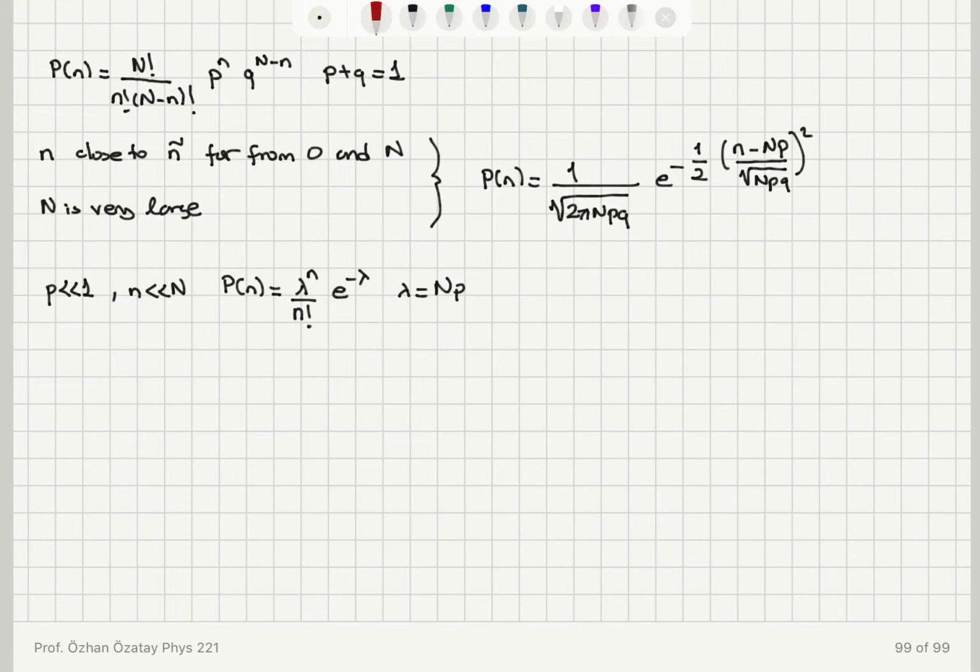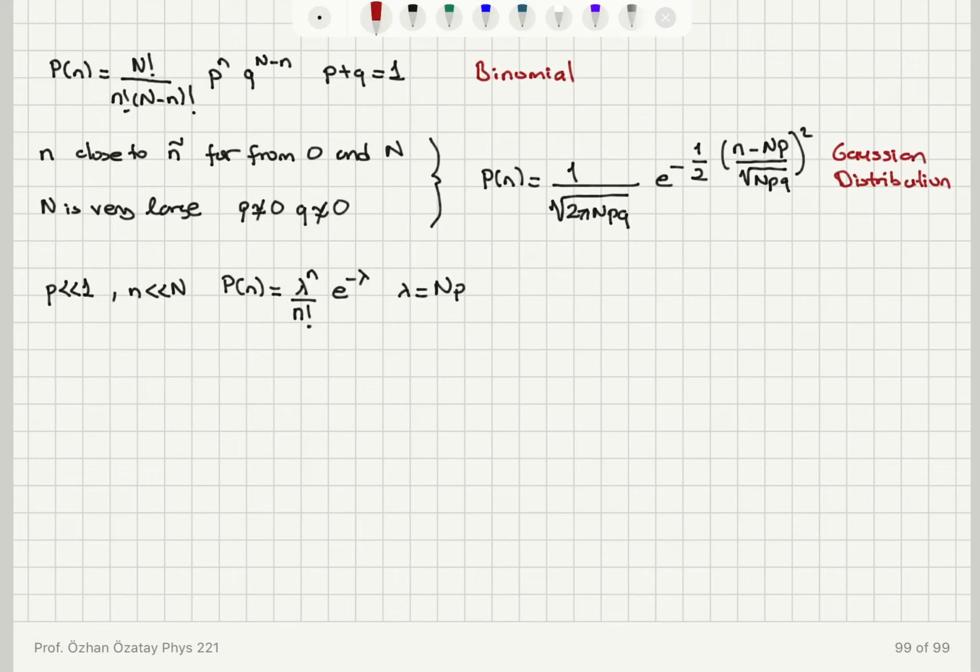So here we have the most general one, the binomial distribution. For capital N very large and close to the mid values of n, and p should not be 0, q should not be 0 or close to 0, we have the Gaussian distribution, which we can use as a probability distribution function because in this limit it's going to be a smoothly varying function.